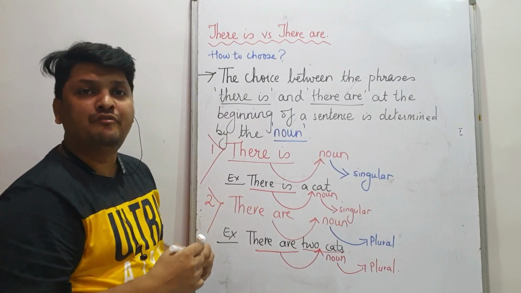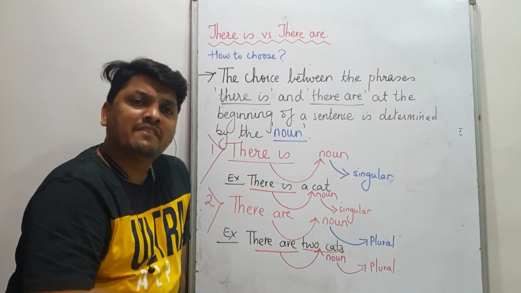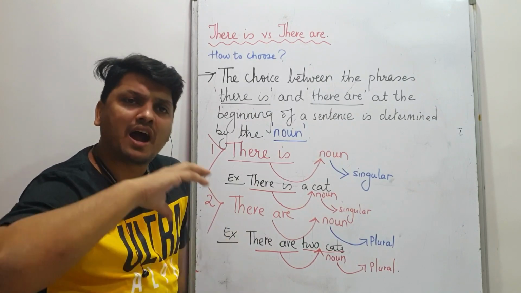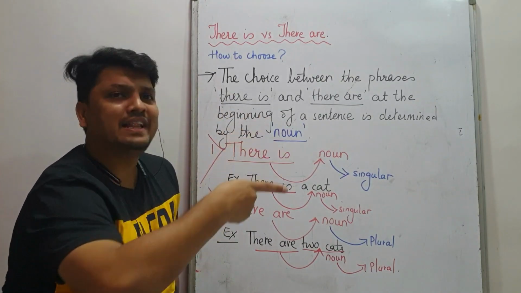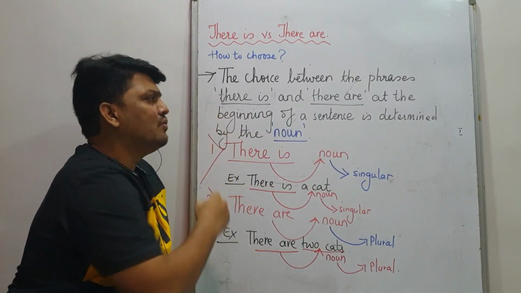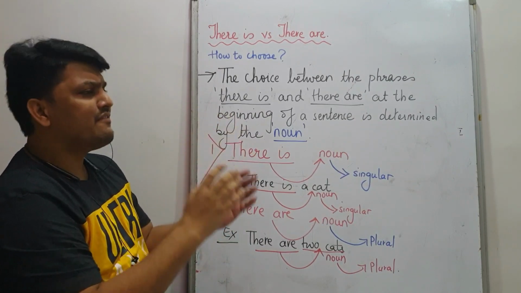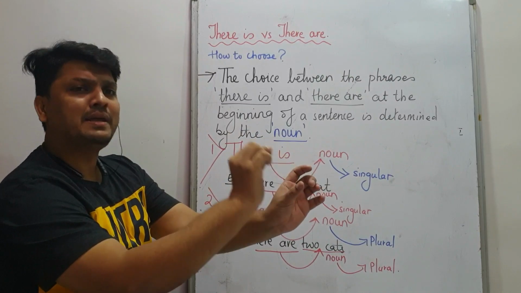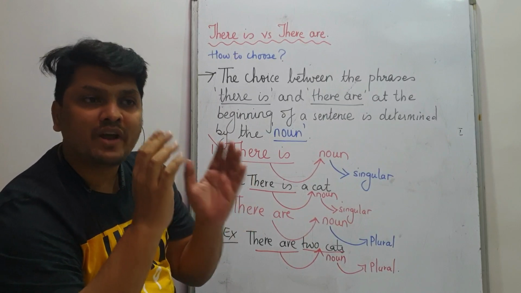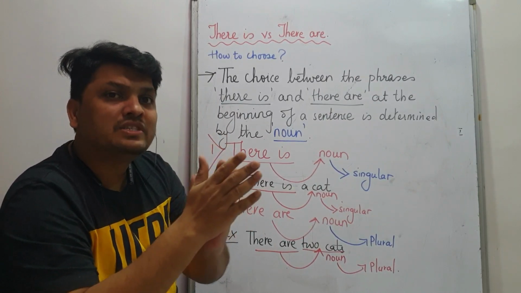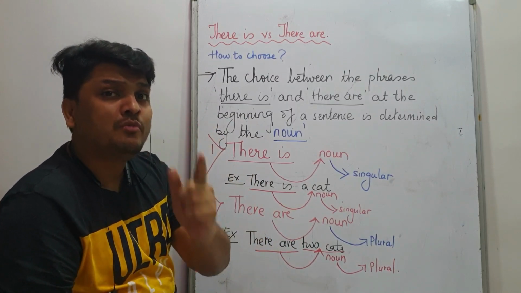So in future, when you write an essay, a speech, or whatever writing you do, please do not make this mistake between there is and there are. How to choose: the choice between the two phrases there is and there are, at the beginning of the sentence, is determined by the noun. Whatever word comes next to there is and there are is a noun.